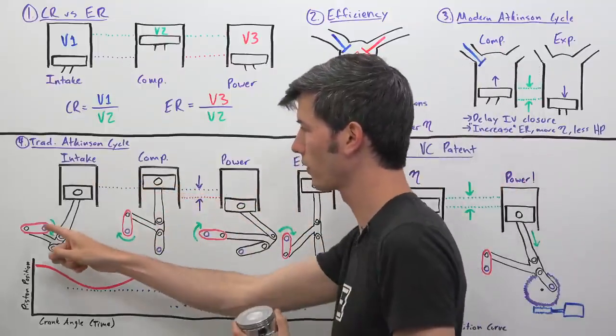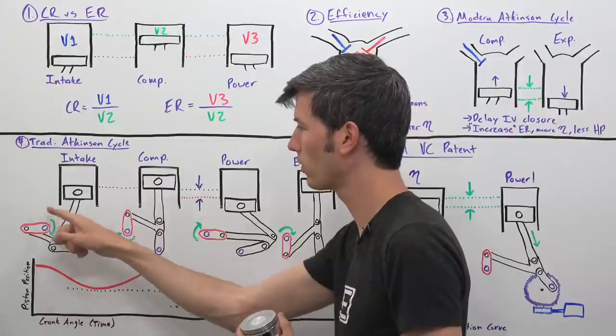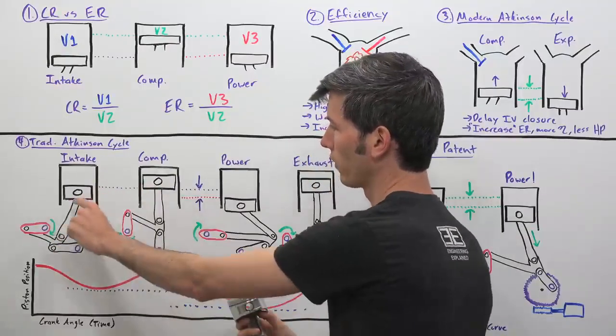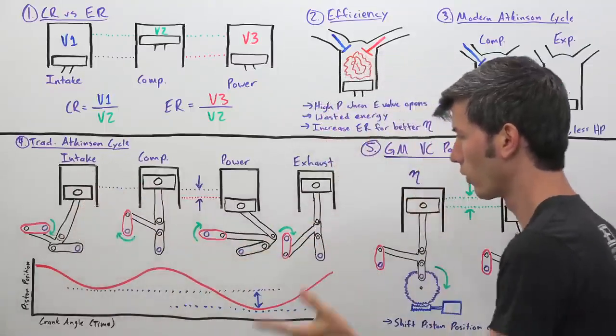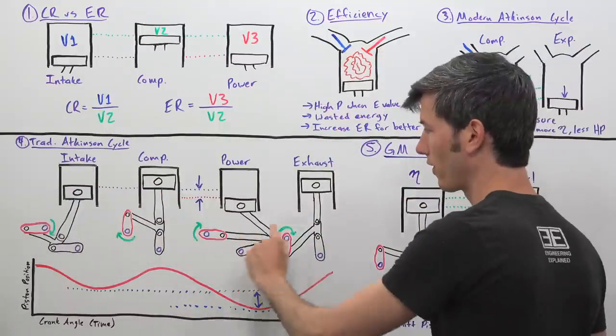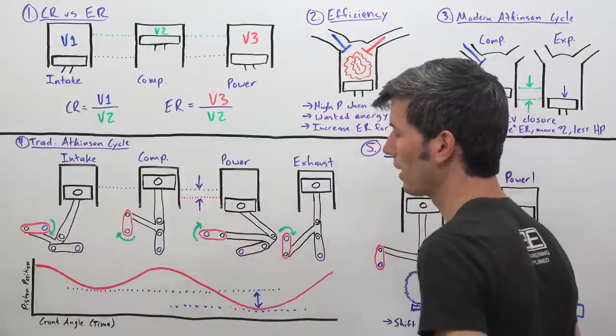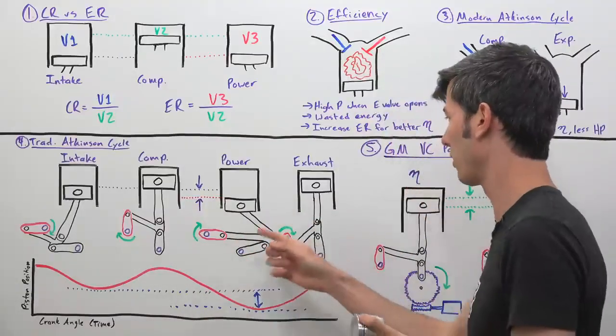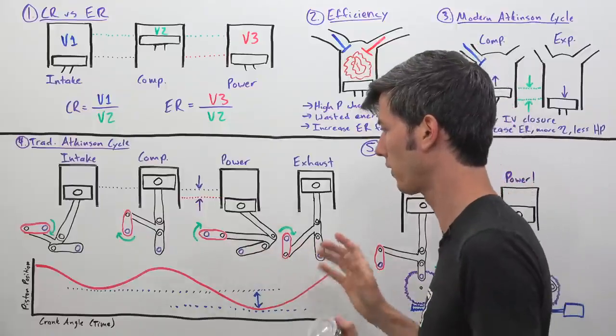Remember, the only 2 differences being, we have this crankshaft in one rotation, this piston will go, the connecting rod will go back and forth, and that will cause this to go up and down twice. So very simple system. It just uses this system of linkages in order to make that occur. It looks far more complicated than an Otto cycle, but in principle how it works is actually fairly simple.